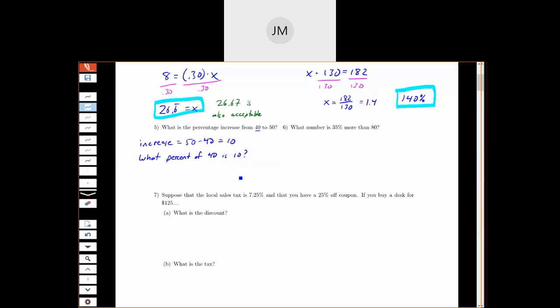If I write the question that way, hopefully that makes sense, because I want to know the percentage increase. Well, if the increase is 10, then I'm really asking what percentage of 40 is 10. Now I can just translate that into symbols like we did above, right? So what percent is x? Percent of 40 is means equals, and then 10. So I divide to get 25%. Okay.